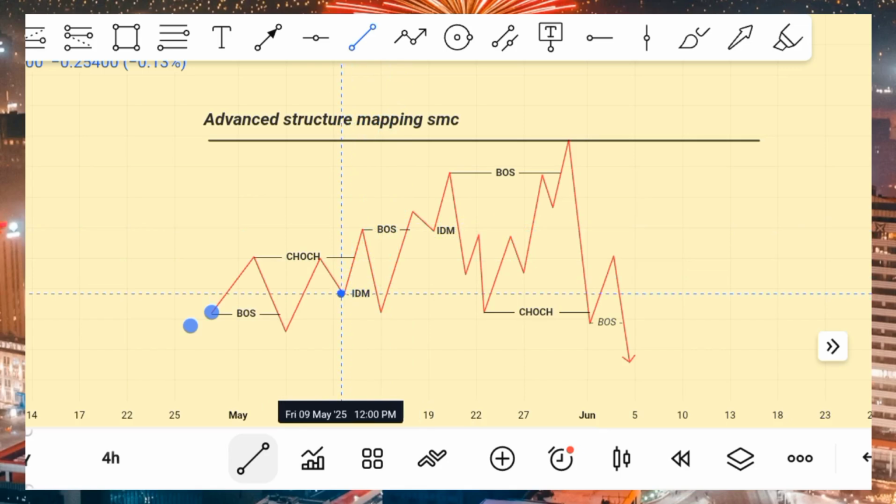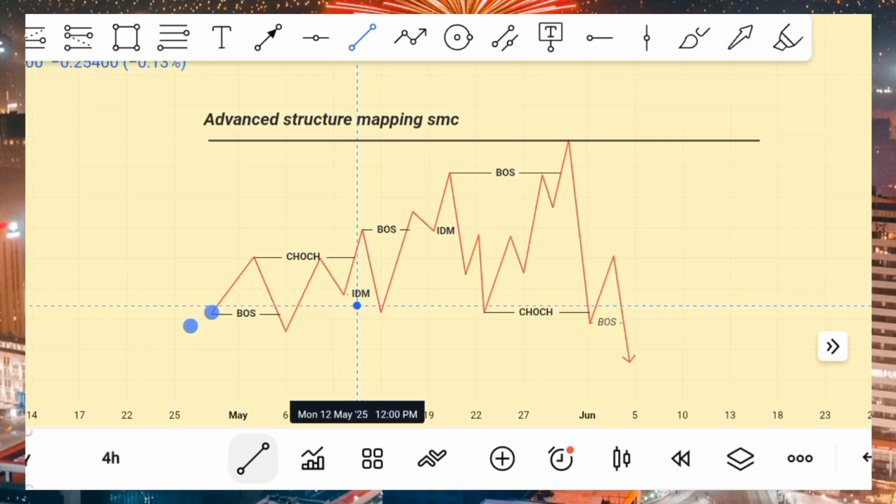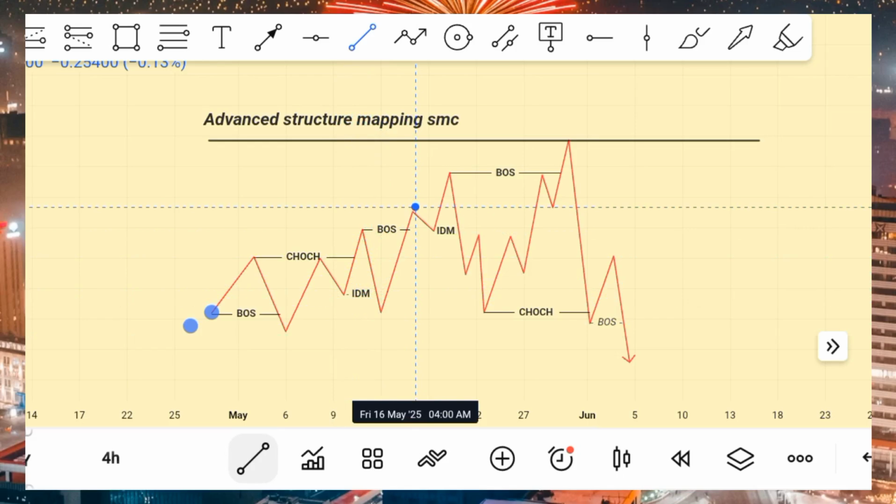And this one, in SMC, we indicate as inducement. You get inducement. So I'll also do another topic about inducement if you wish, or if you want it, to help you also understand how this market moves algorithmically.